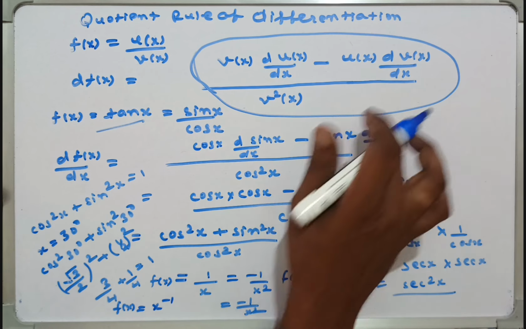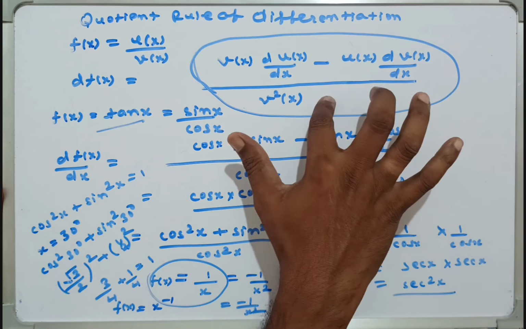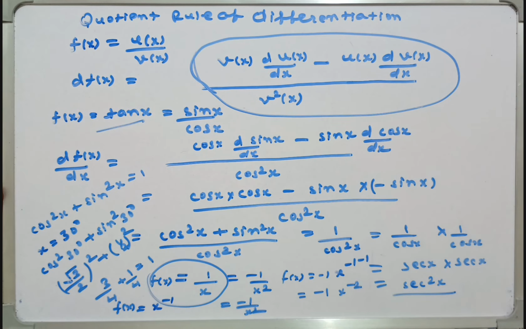So whenever you forget this one, you remember this power rule, and this function's derivative value is minus 1 by x square, so you can check whether you have remembered the correct formula or not.